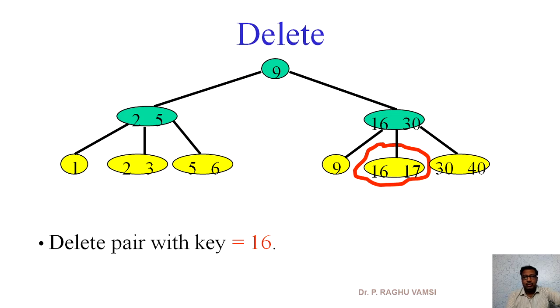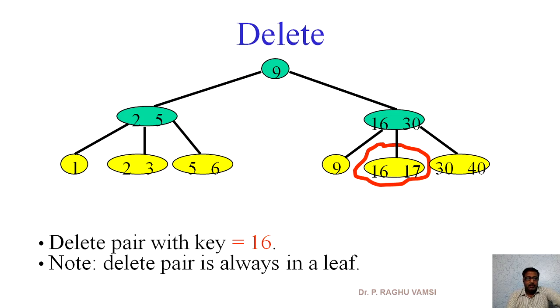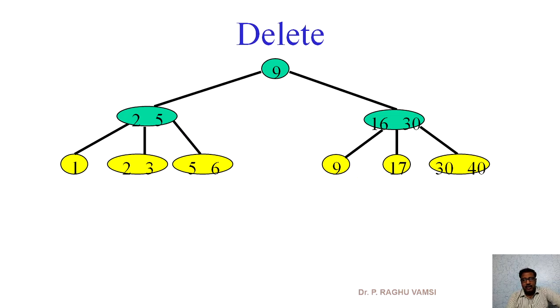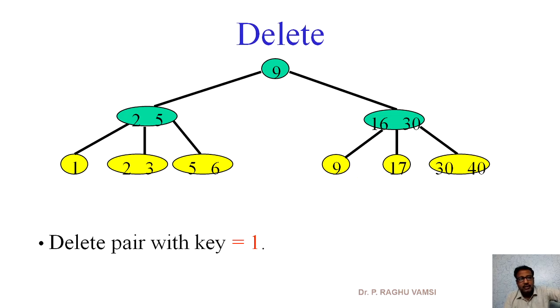So this is the node you are supposed to target to delete the element 16. Delete pair is always in a leaf. So whatever the deleted element is, it will always be in the leaf. The reason is it will be there on the disk. So directly you delete it.